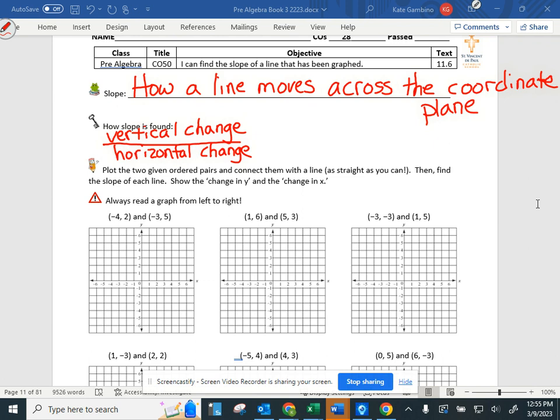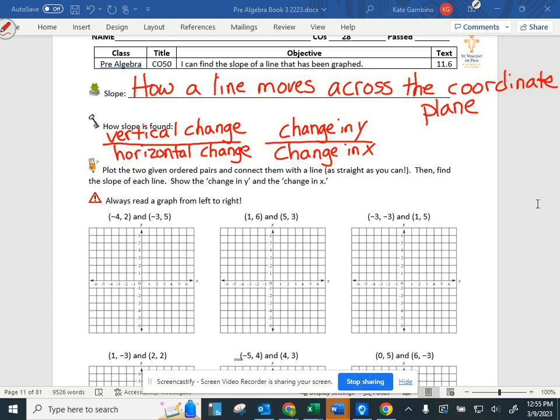The Y. So we could call it the change in Y, over the horizontal, which would be the change in X. So it means the same thing. Vertical is the change in the Y, and the horizontal is the change in your X. Both times the Y is on top, the X is on the bottom.